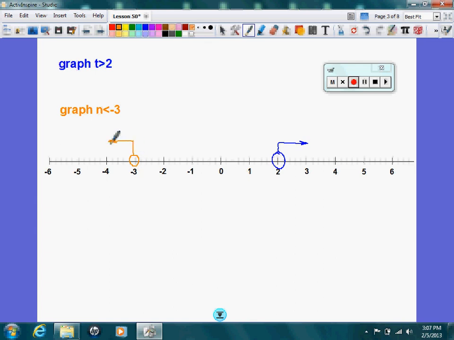Now let's think about this for a minute. Is -2 less than -3? No, it's to the right of -3 on the number line, so -2 is actually more than -3. What about -4? -4 is to the left of -3 on the number line, so -4 is less than -3.